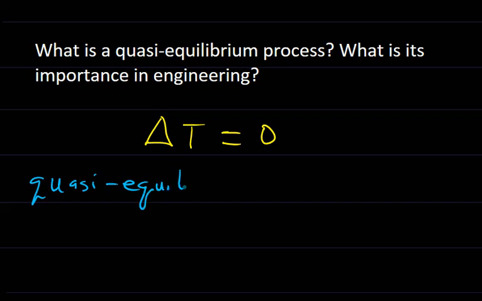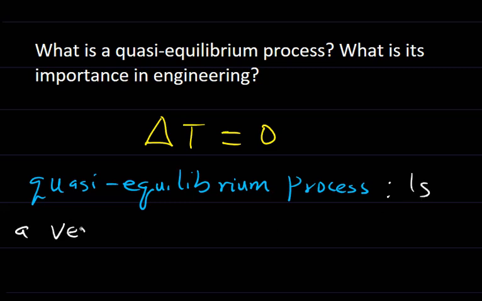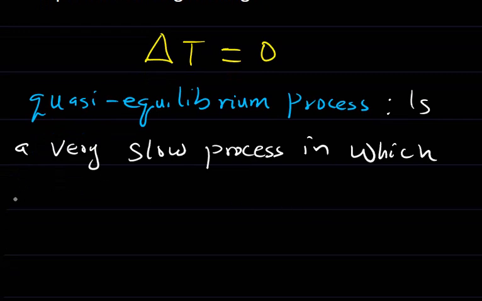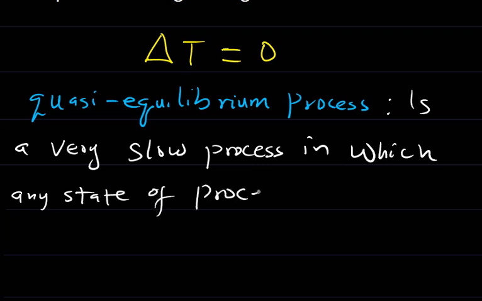A quasi-equilibrium process is a very slow process in which any state of the process seems to be at equilibrium.